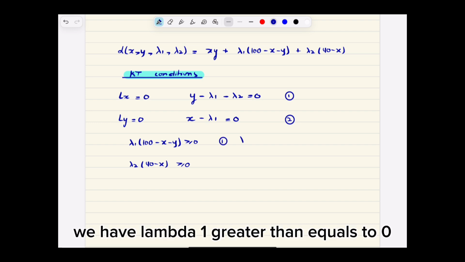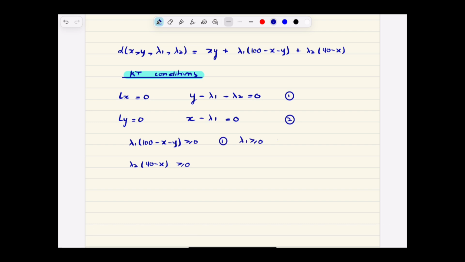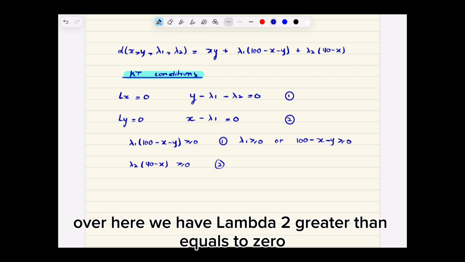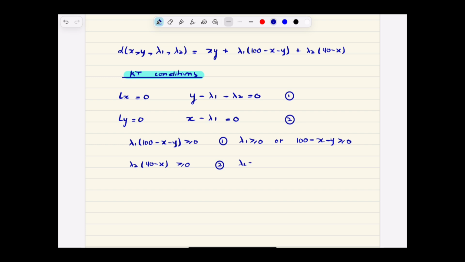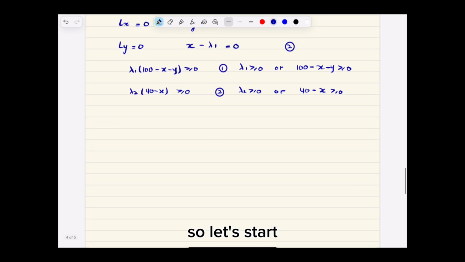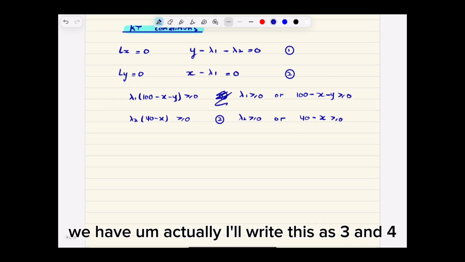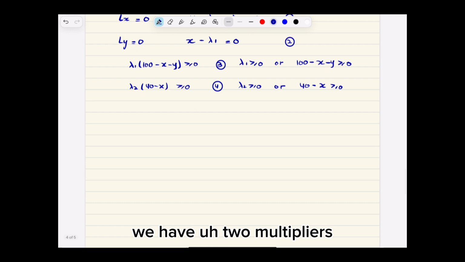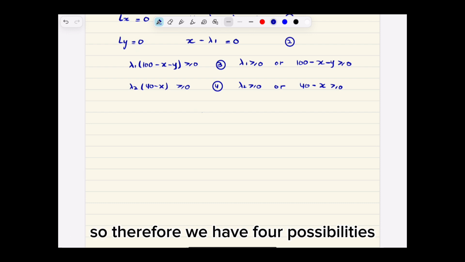We have lambda 1 greater than or equal to 0, or 100 minus x minus y greater than or equal to 0. Over here we have lambda 2 greater than or equal to 0, or 40 minus x greater than or equal to 0. Okay, so let's start. Actually I'll write this as 3 and 4. What are the possibilities? We have 2 multipliers, so therefore we have 4 possibilities.